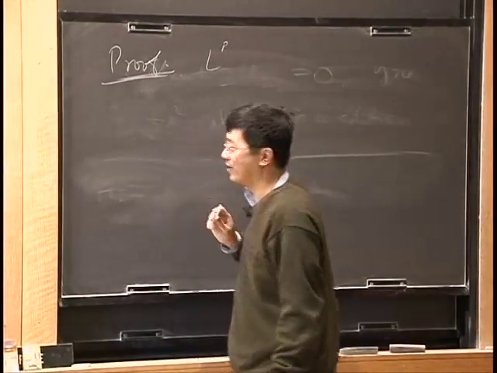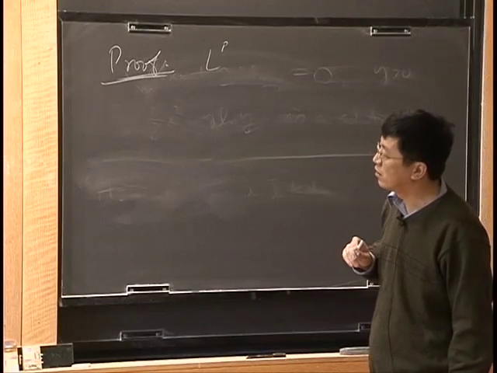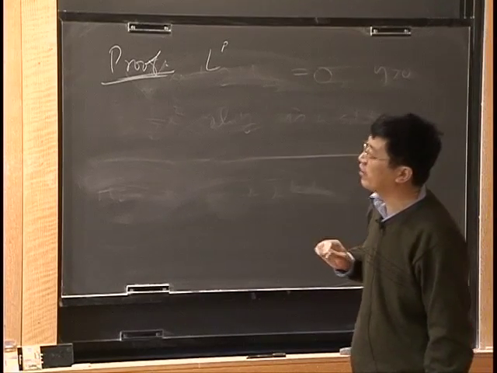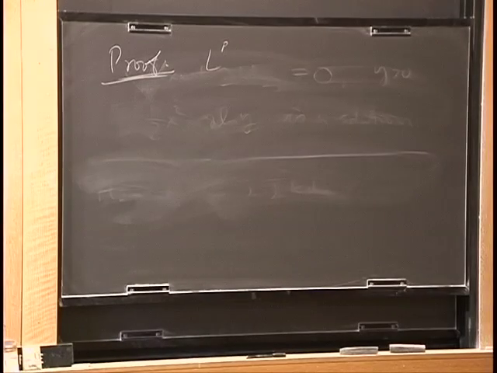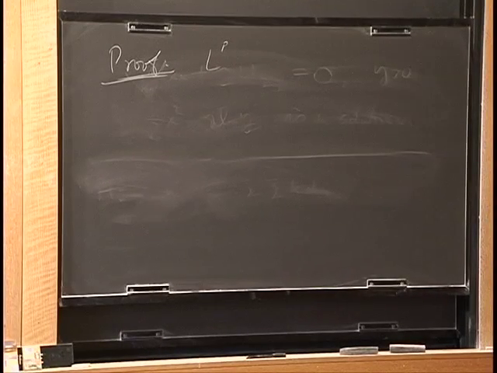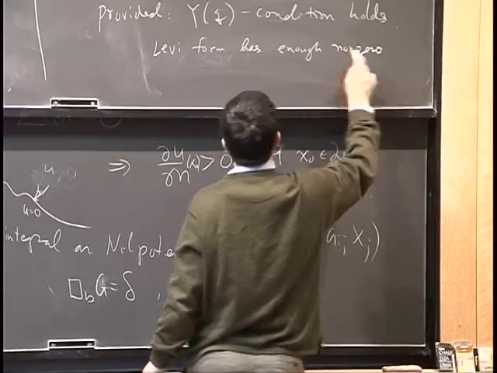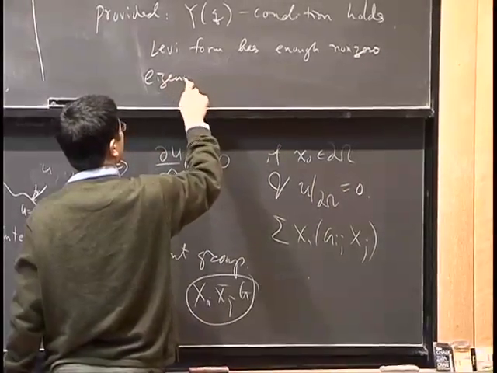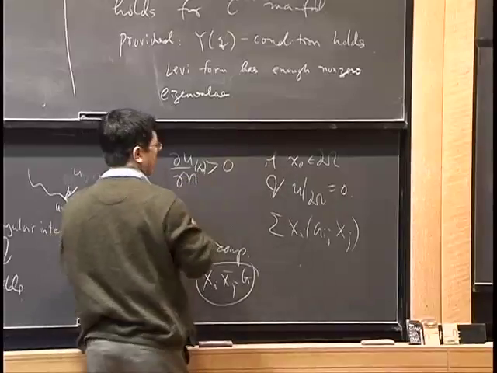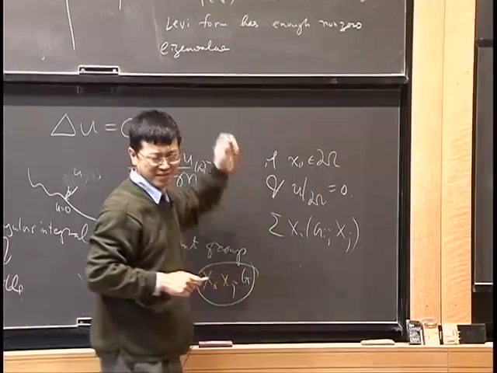Can you say a bit about what the YQ condition is? The YQ condition is you have to look at the Levi form. I mean, let me say one word. The Levi form has enough non-zero eigenvalues. So basically, I think it's Kohn's.